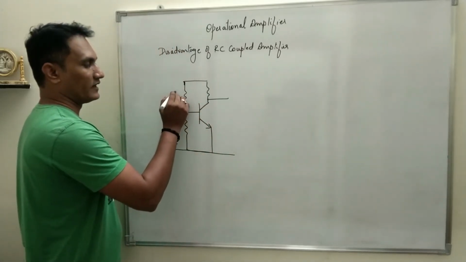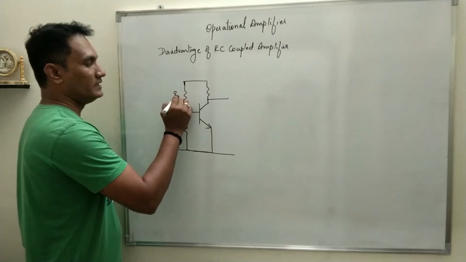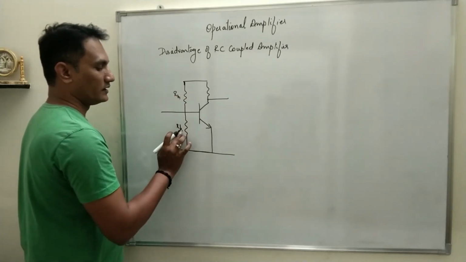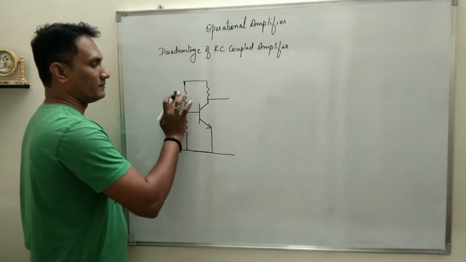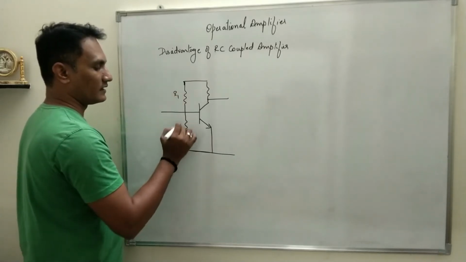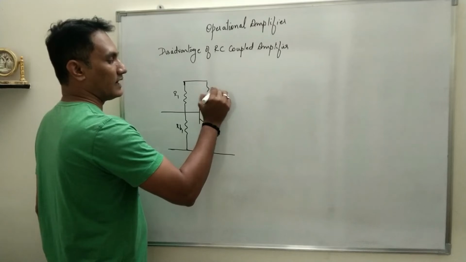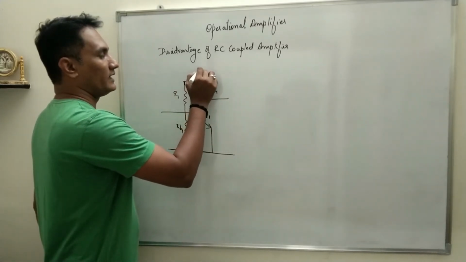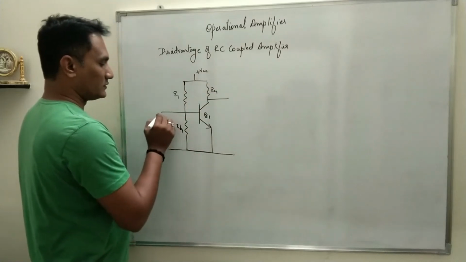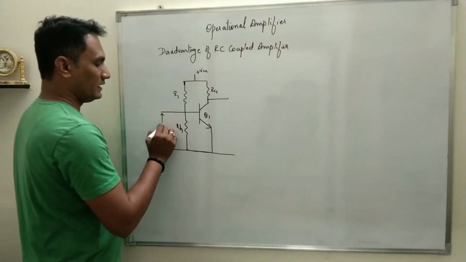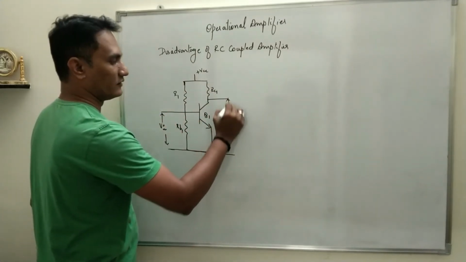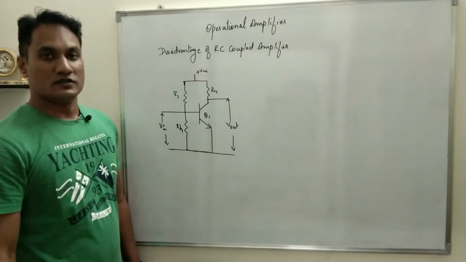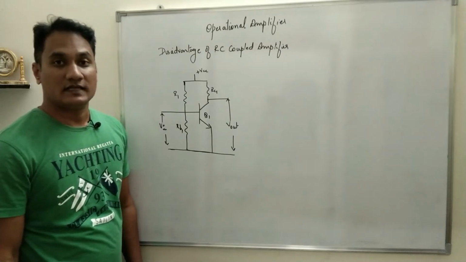This is a single stage amplifier. This is R1, this is RB1, and this is RC1. This is a transistor Q1. If you apply supply voltage with respect to ground, and if this is V in, and this will be your V out. Okay, so this is called as single stage amplifier.